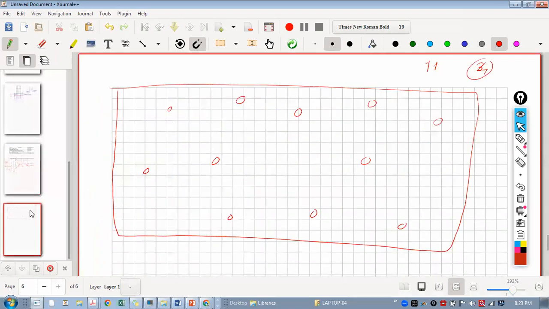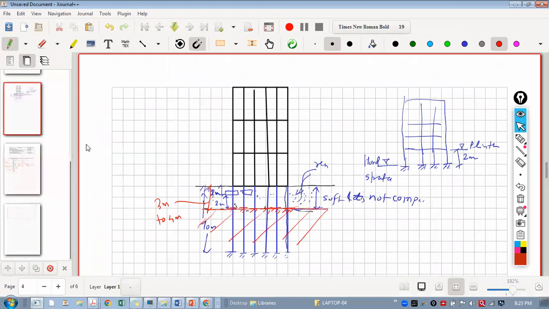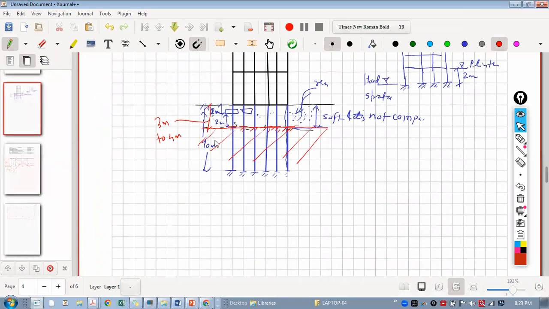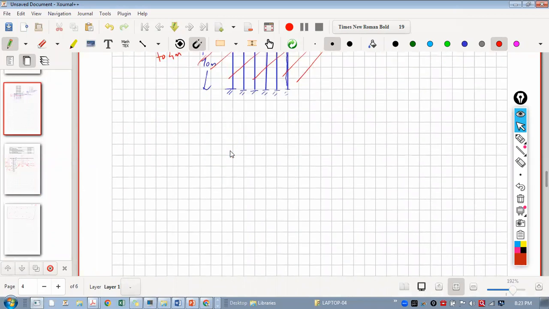Let's say, समझो यही pile है, समझो. So 10 meter है depth of the pile. Now actually in that case, let's say this is your ground level, and we are providing one pile.